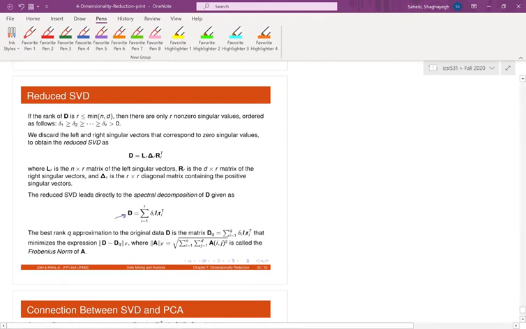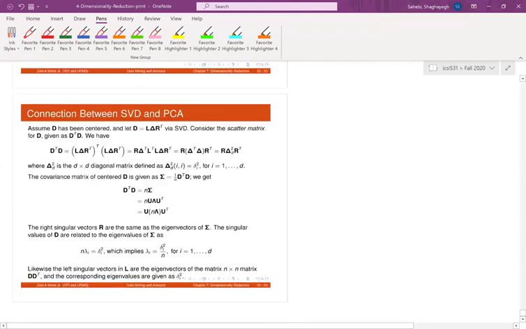But also, if you want a more compact representation, we can drop the least important singular values, the smallest ones, and have an approximation of our original data. And we can see how good our approximation is by calculating the Frobenius norm of the difference between the original data matrix and the one reconstructed from SVD.